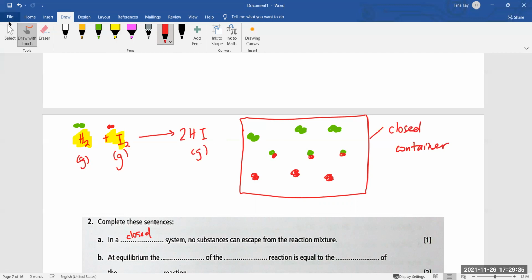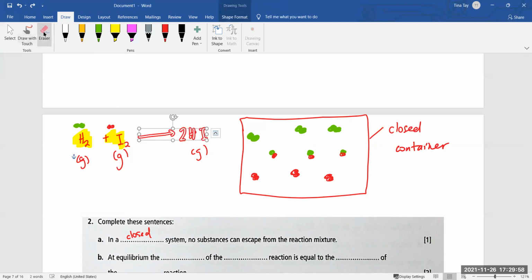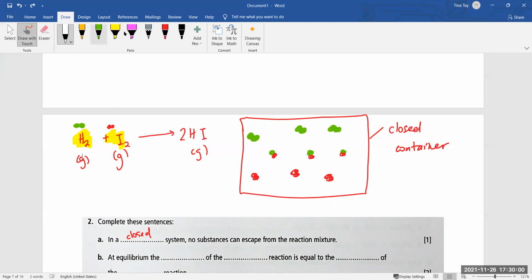So at first we don't have all this, right? And then they start to react and then they start to form. Now what happens is initially because there is no hydrogen iodide, there is only a forward reaction.